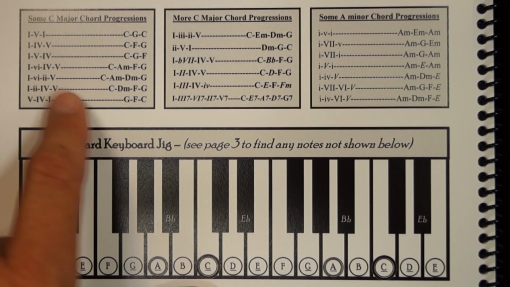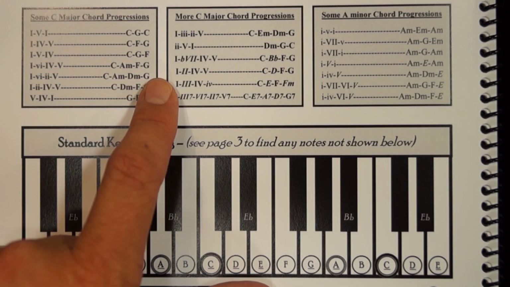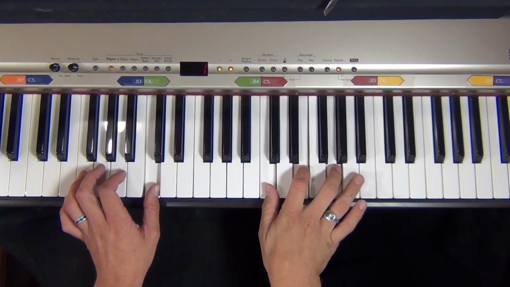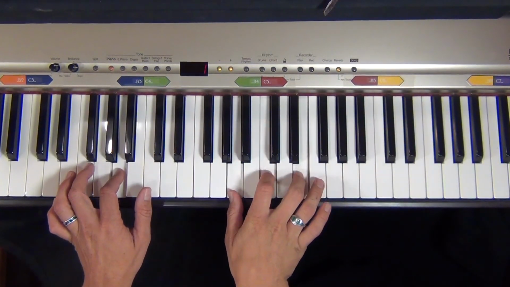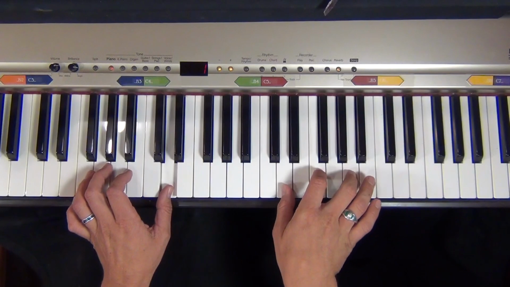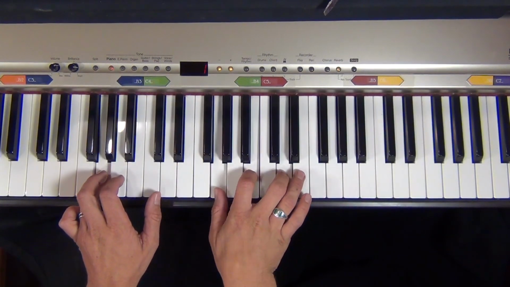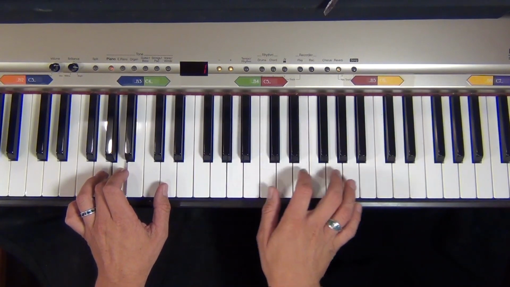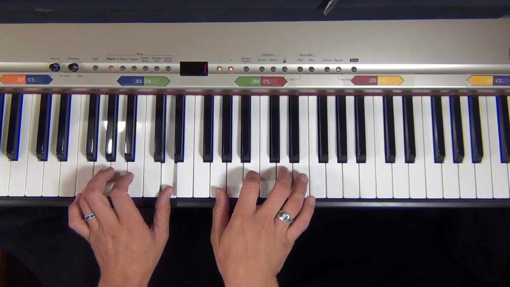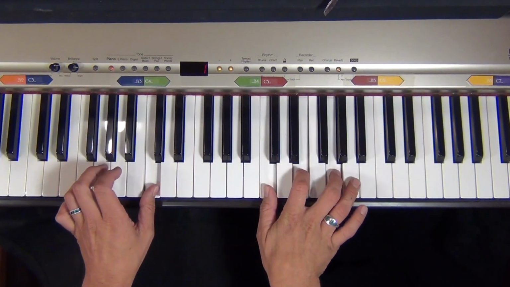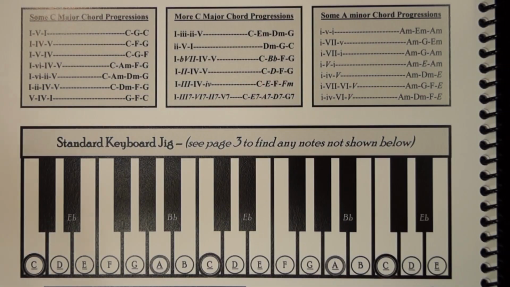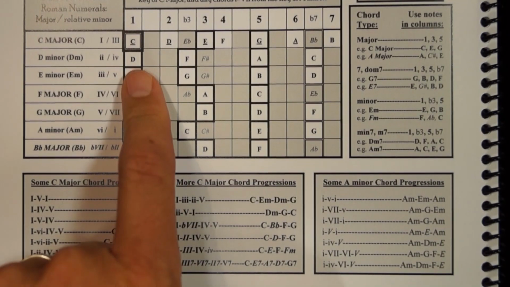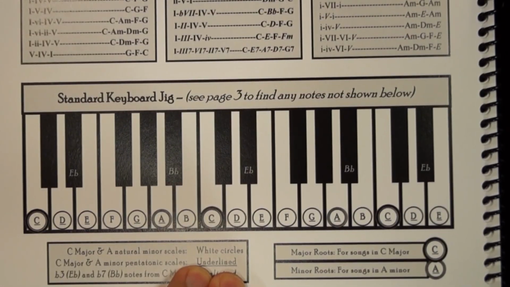A 1-6-2-5 is going to be C, A minor, D minor, G, and that would look like this: C, A minor, D minor, G major, C major, A minor, D minor, G major, and then back to C. So that's another common progression, and that D minor is made with the notes D, F, and A.